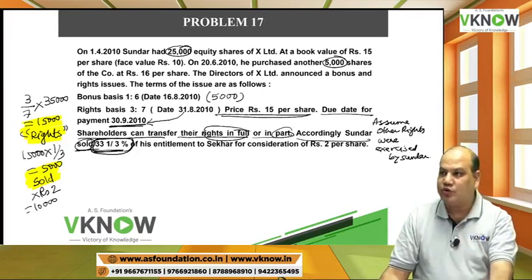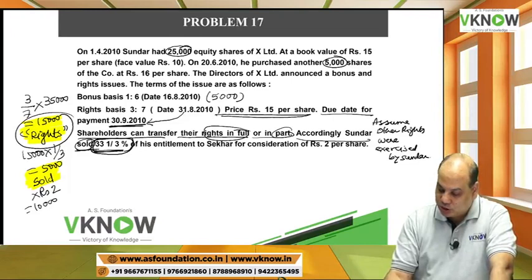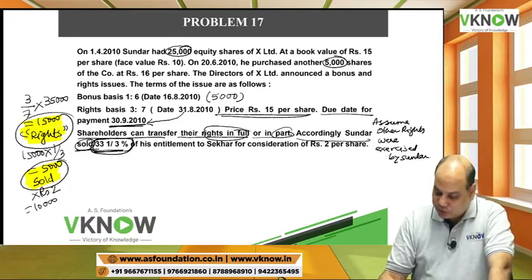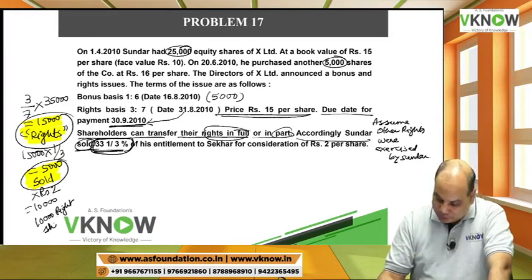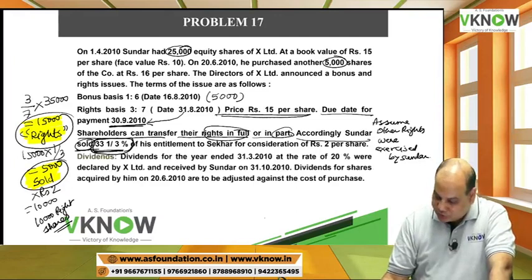So 10,000 shares will be purchased by Sundar. 15,000 is the total right, 5,000 sold. So 10,000 right shares will be purchased. One more adjustment similar to the previous one.